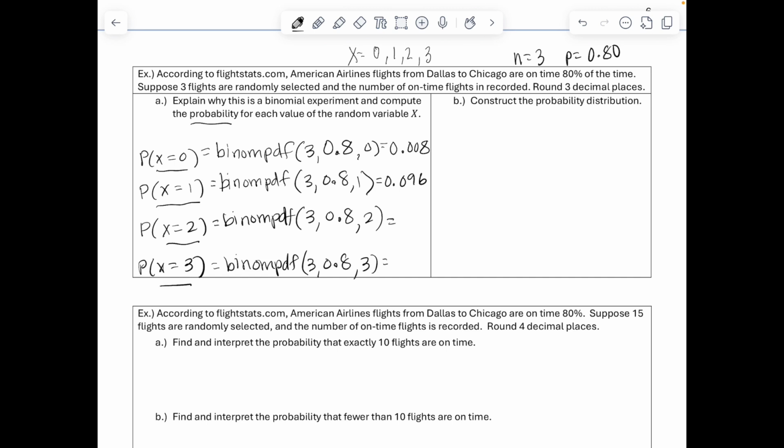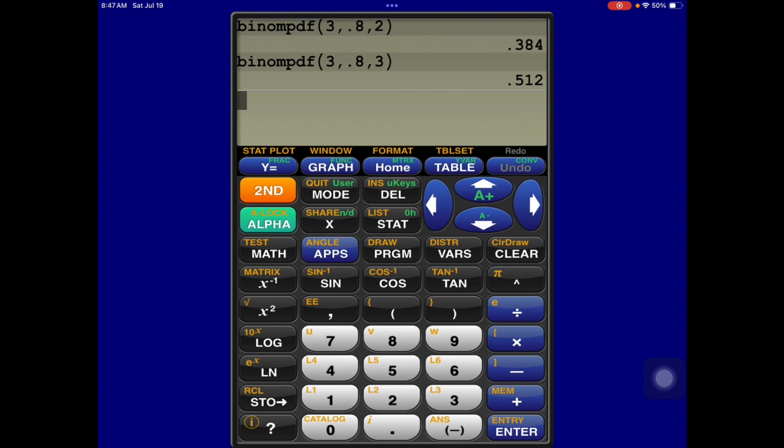So take a second to try both of these on your calculator and see what answers you get and round them to 3 decimal places. The last 2 probabilities, we do need to go to binomPDF for both of them. And to do that, you need to go to second vars. Remember that n is 3, our p is still 0.8, and then for both cases, we have different x values. One of them is 2 and one of them is 3.